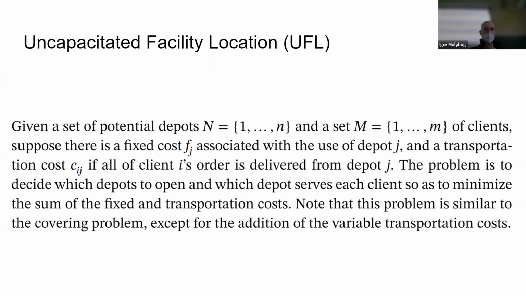And also you have an fj, which is a cost associated with operating a particular depot. So if you have decided that you will utilize some of the edges that connect the depot j to some clients on the right-hand side, you will have to suffer the cost of fj.